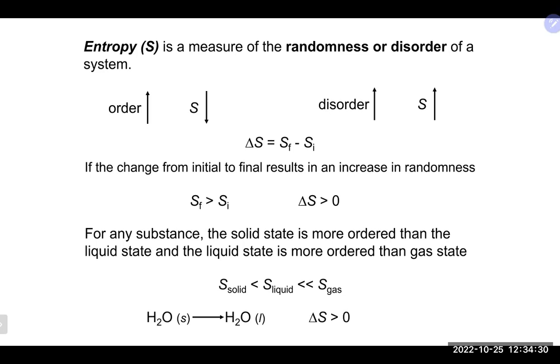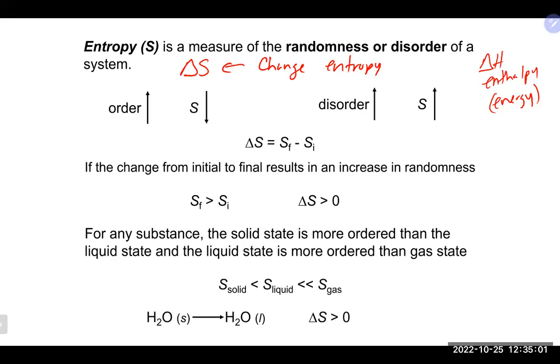Entropy is delta S, and that is the change in entropy, not to be confused with enthalpy, which is delta H. So enthalpy is delta H, which is the energy. Entropy is actually the measure of randomness or disorder there is in the system.